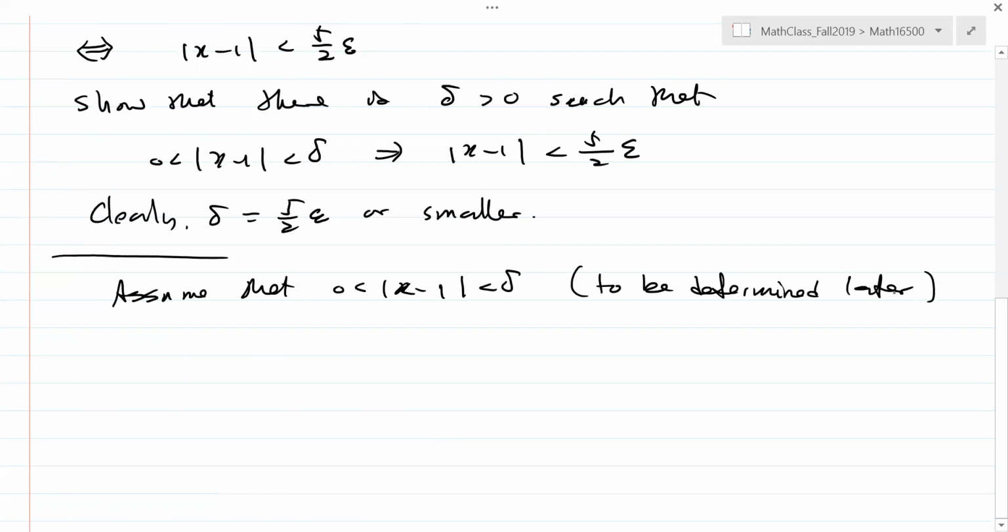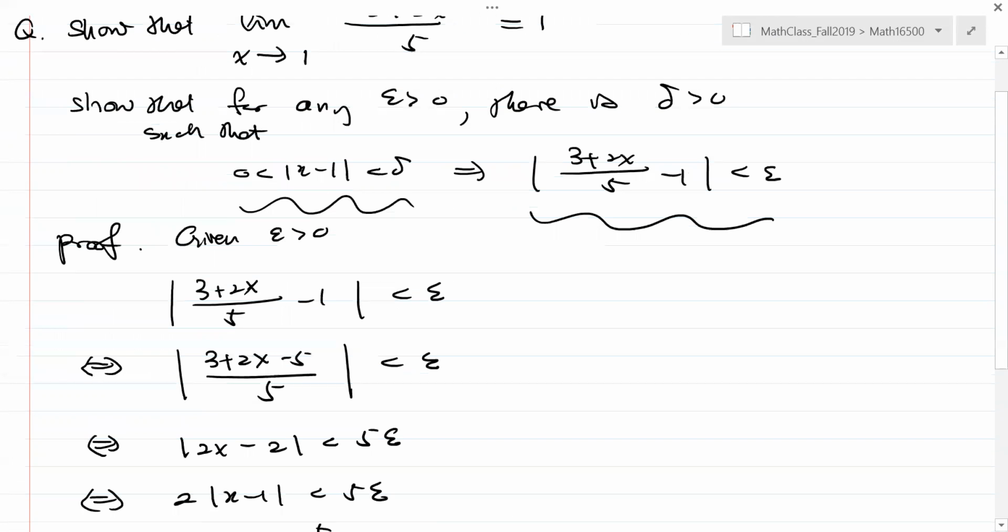Our goal is to show that under this assumption, the inequality on the right-hand side, the complicated inequality, holds.